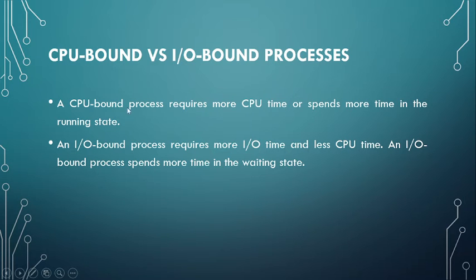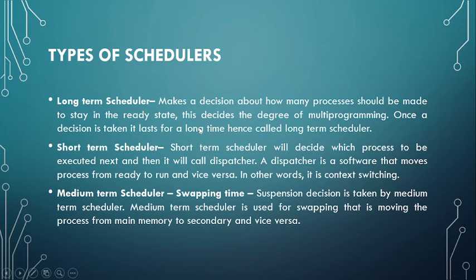For example, if we select only CPU bound processes, then input output devices will not be utilized efficiently. If we select only input output bound processes, then the CPU is not going to be utilized efficiently. So, the long term scheduler must select a mixture of both.